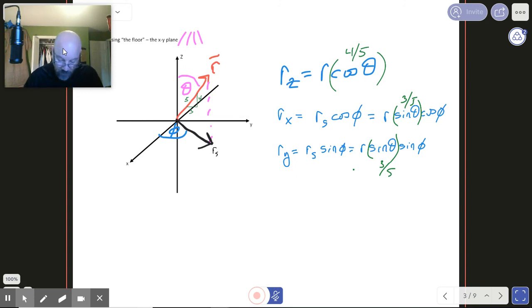We might also see something similar to that down here. Let me call that a 3 and a 4. So it gives us a 3, 4, 5 triangle in the XY plane. If that happens, it's the same sort of thing.